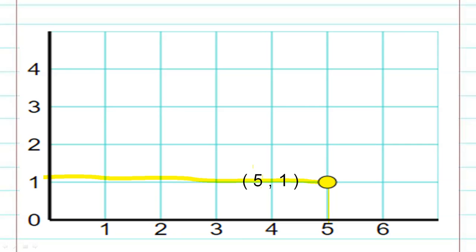So I am writing 5 and 1. If students write 1 and 5, it will be wrong. You have to always write in sequence. First you follow the x-axis, so you write the x coordinate, and then the number for the y-axis, that is the y coordinate.